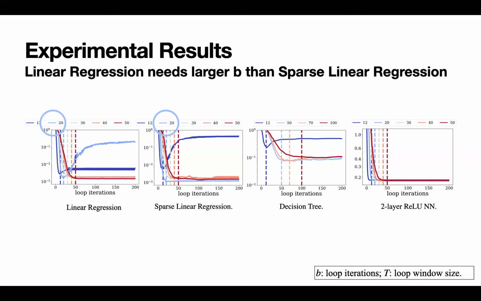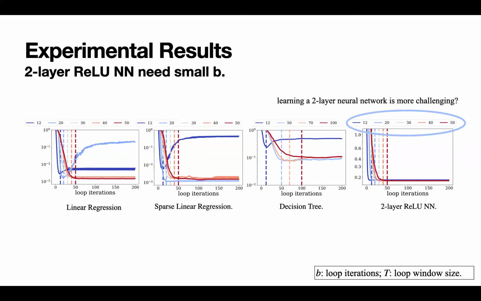So there's a difference in the value of B you need for this linear function class. I think it roughly has a loose connection to how difficult the function class is for the transformer. Another interesting thing here is that we know two-layer random neural networks are very hard for us to solve.